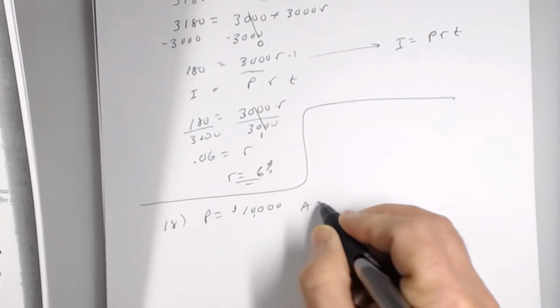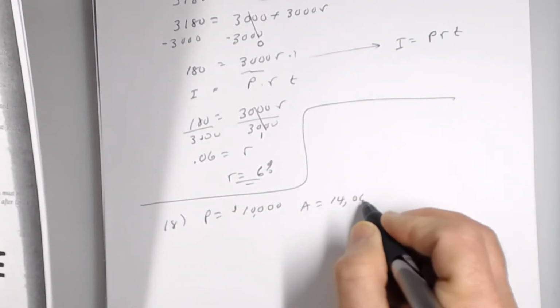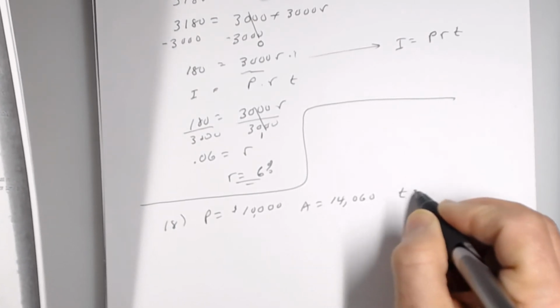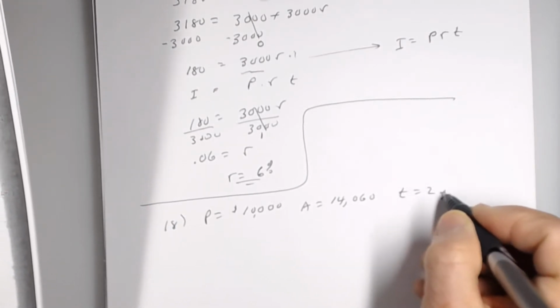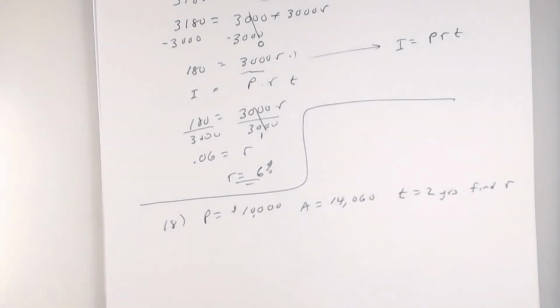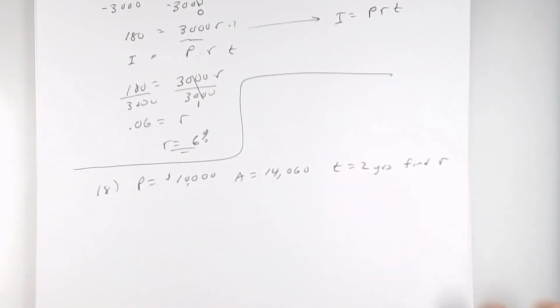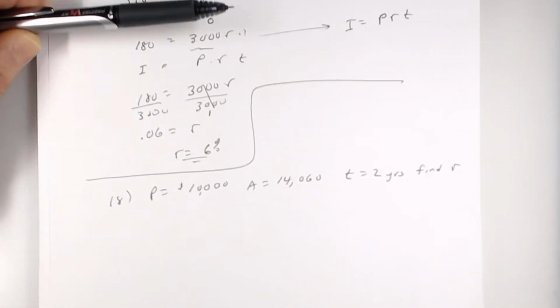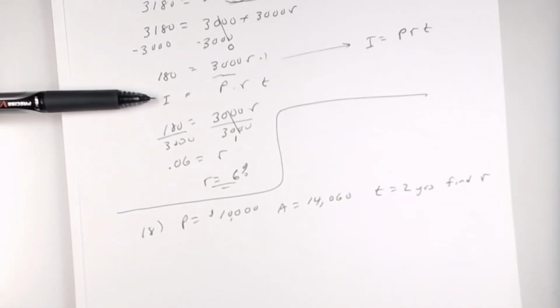The future value is $14,060, and the time is 2 years. And you want to find R. Don't use the complicated formula to do this. Don't do what we just did. I want you to think about it in a simpler way.